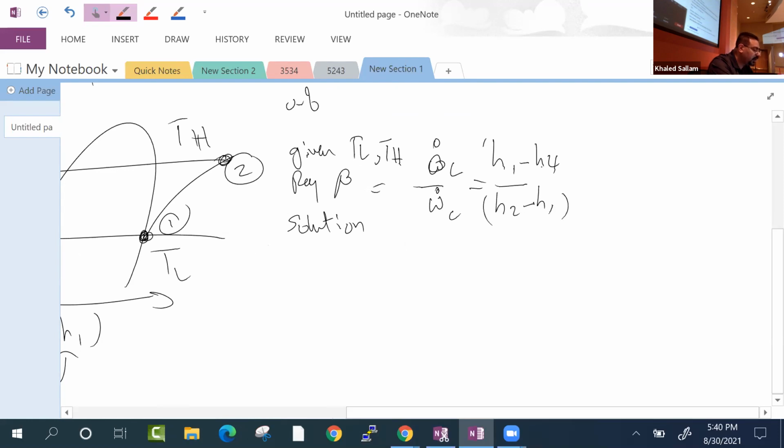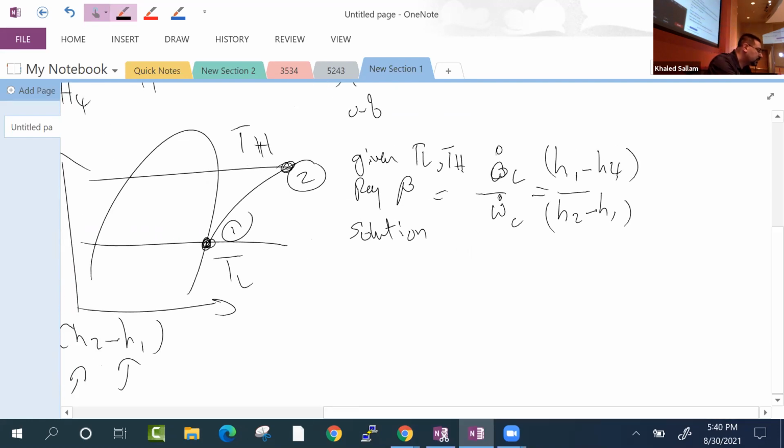So just like the Rankine cycle, your head is telling you, I need to get all the H's, right? I need H1, H2, H3, H4. Fortunately for you, H3 and H4 are the same, so we'll just get one of them. Also, the ideal cycle will have this as saturated and this as saturated, right? That's the ideal cycle.